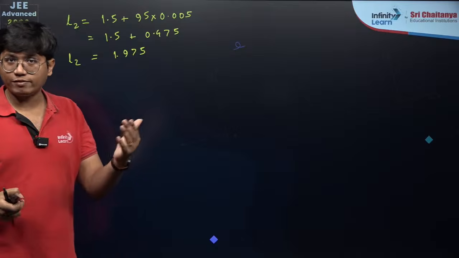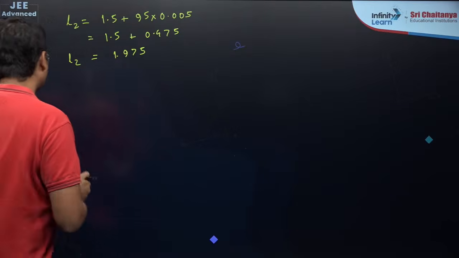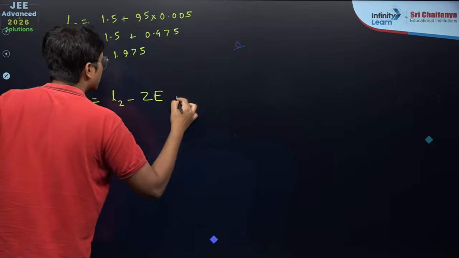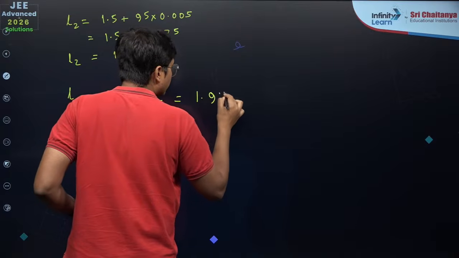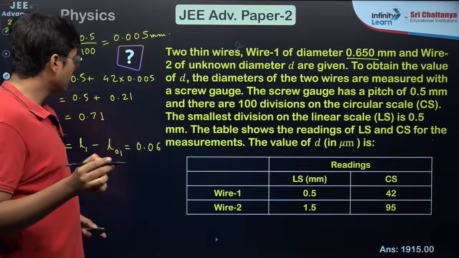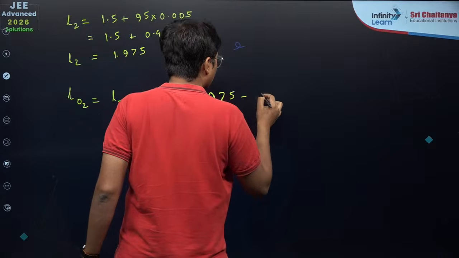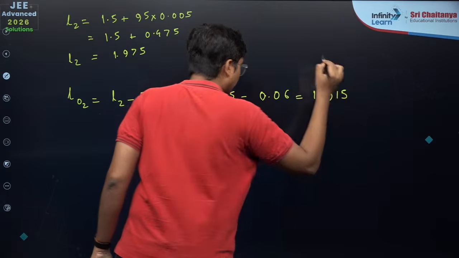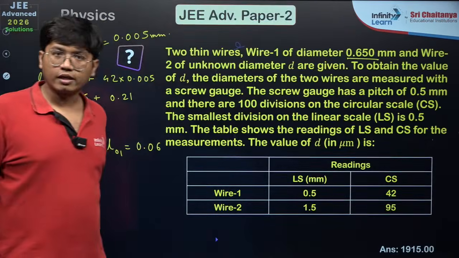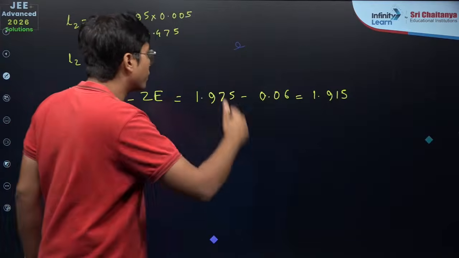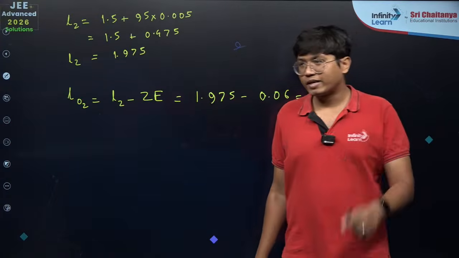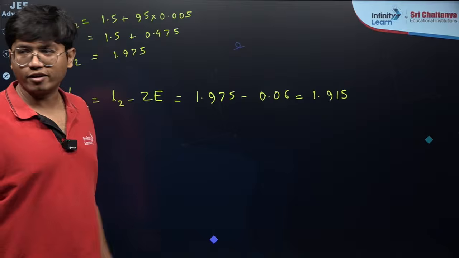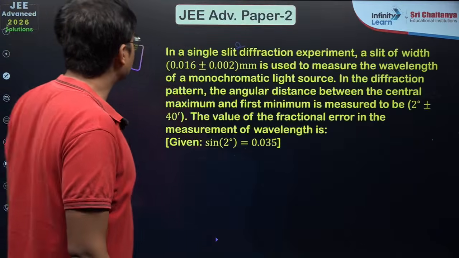But remember, there is a positive zero error. To get to the corrected value, I have to do L2 minus that zero error, which is 1.975 minus 0.06, which makes it 1.915. That is the answer. It's in micrometers. We have to give in micrometers. This was in millimeters. So please be careful of those things. That can give you an error if you don't put it in the right way. It's a numerical answer type.